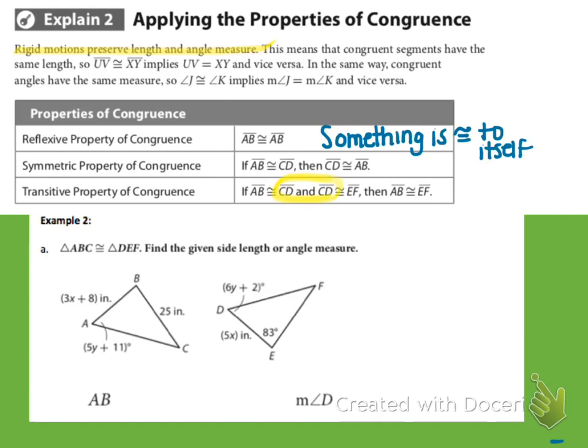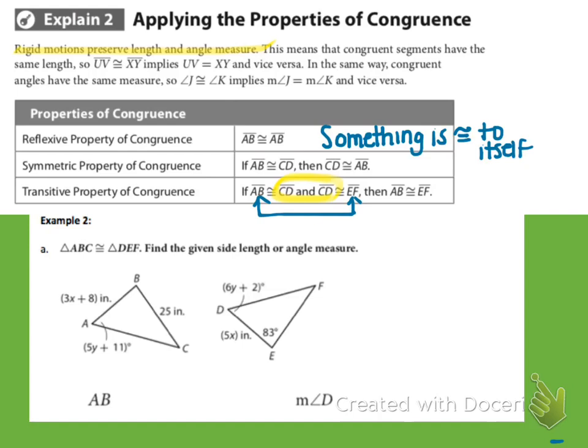Logic would tell us they must be congruent to each other. I think about that like a chain link. Again, the transitive property just says two things equal to the same thing or congruent to the same thing must be congruent to each other. And we're going to utilize some of these properties as we begin to get more into proofwriting.